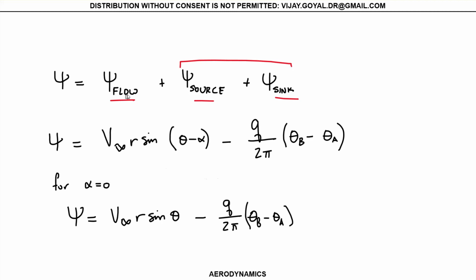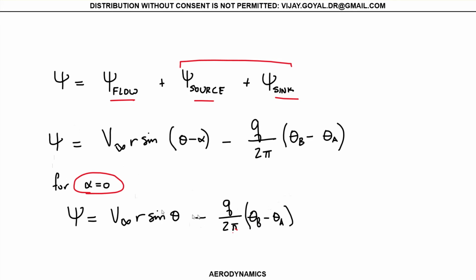taking the values and replacing them in here, and taking alpha equal to 0. So your stream function will be v infinite r sine of theta minus q divided by 2 pi times the difference of the angles. Okay?